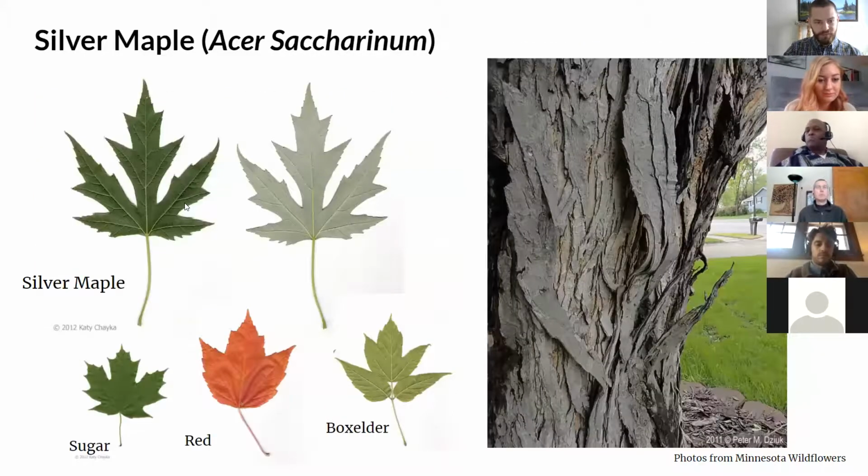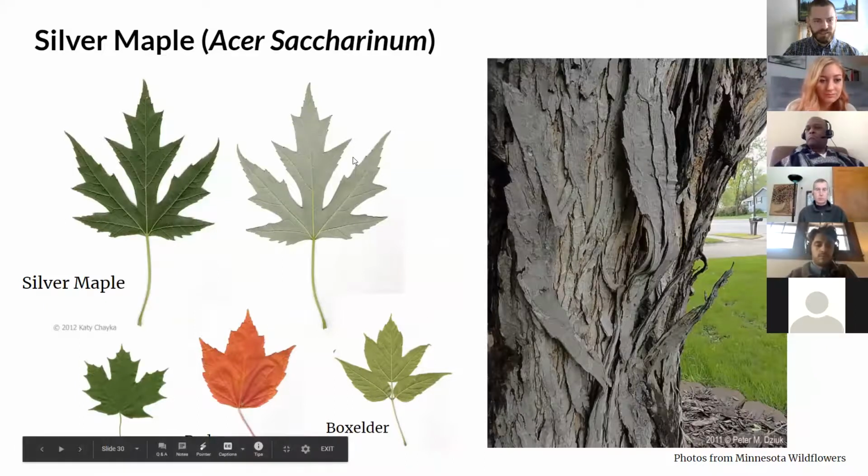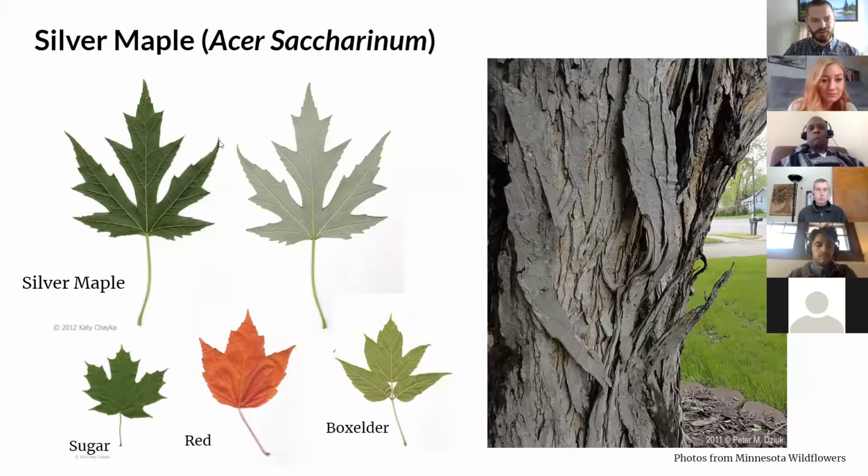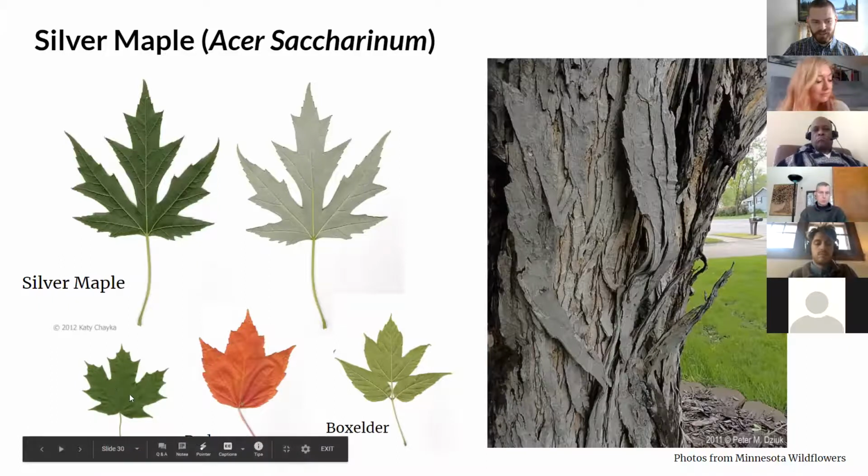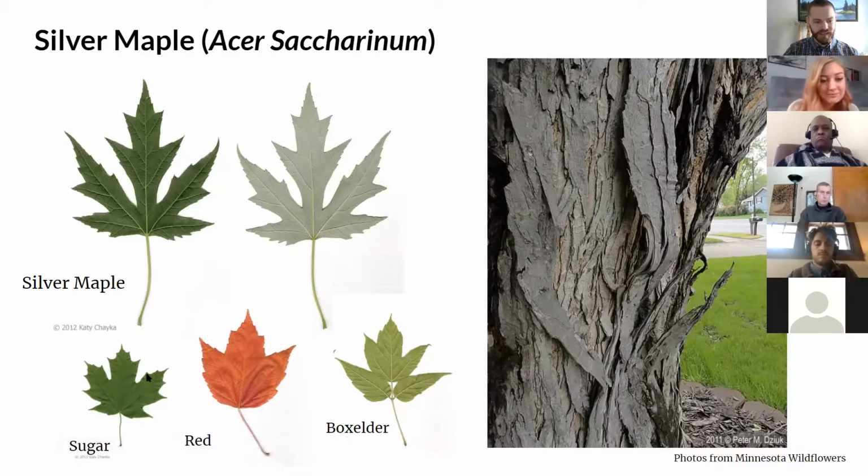The leaf of silver maple is distinct from other maples in that it has very deep sinuses. I know we haven't talked much about leaves, and it's not really part of winter ID, but there's another vocab term for you. This pit in the leaf here, sort of the armpit of the leaf, is called a sinus. And silver maple has the deepest sinuses of all the maple species in the area. Sugar maple is extremely similar, right? That sort of flag of Canada shape, but the sinuses are much rounder and less deep.